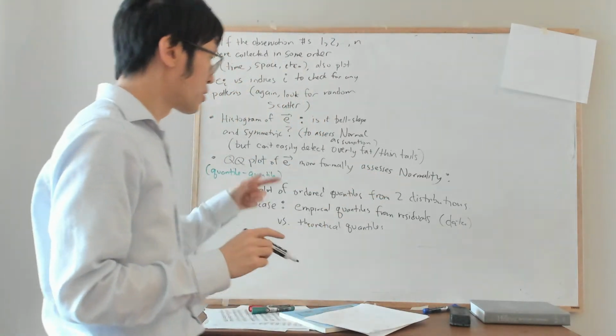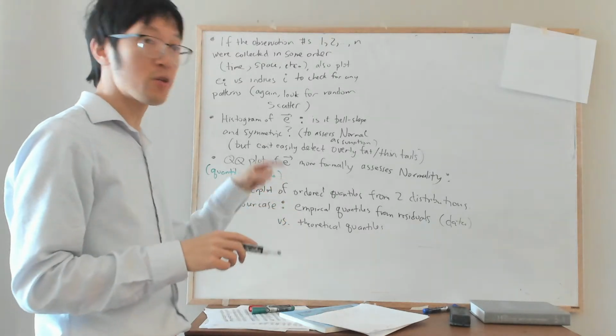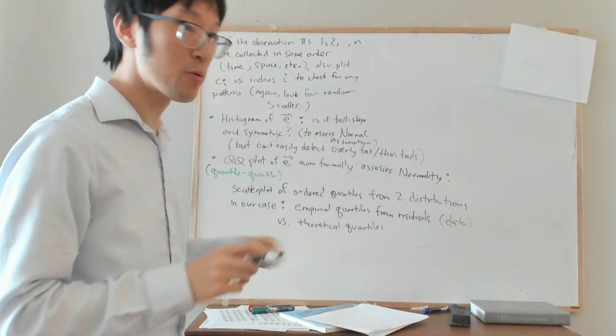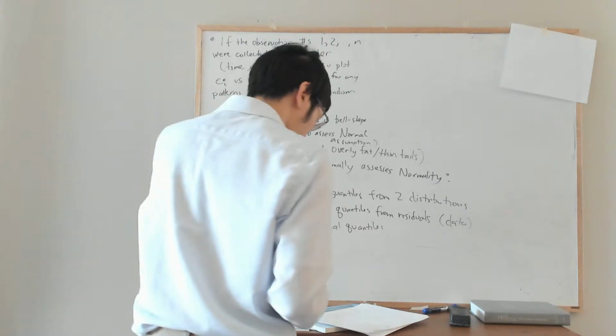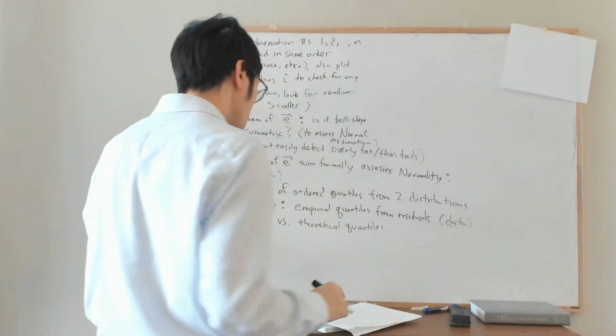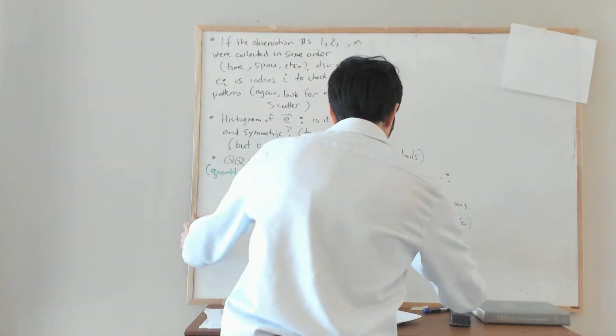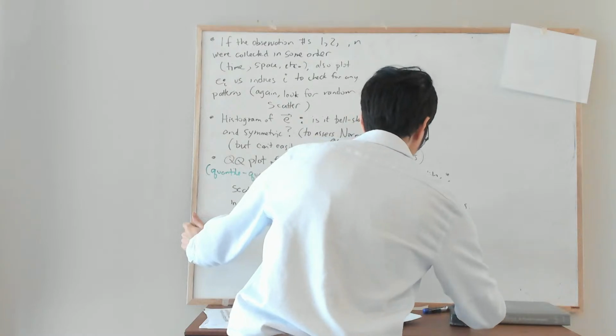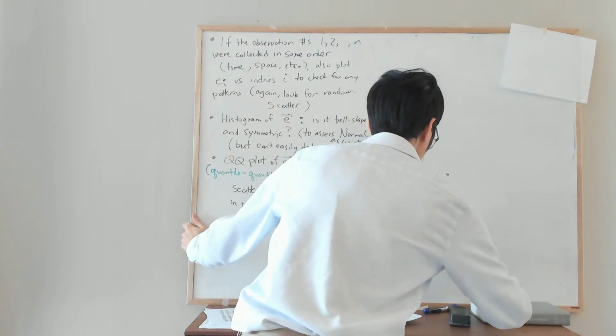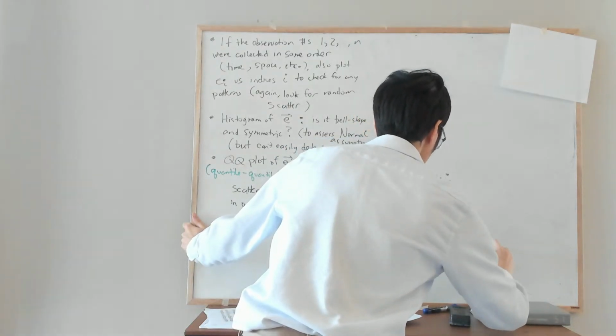We ask whether the quantiles from our residuals match the corresponding quantiles from the assumed normal distribution.